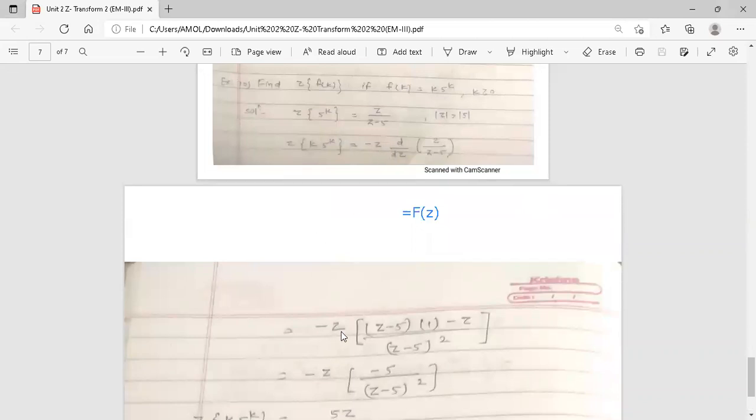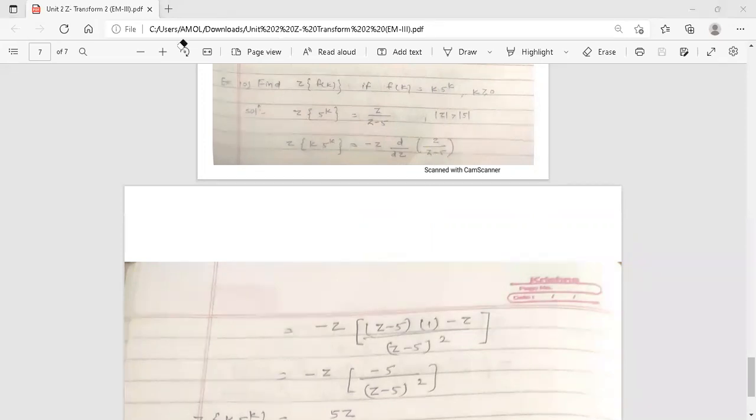Now, how to simplify, how to differentiate it? This minus z as it is, use here u upon v rule to differentiate it, because the term of z is there in numerator as well as in denominator. So we have to use u upon v rule here to differentiate the function.